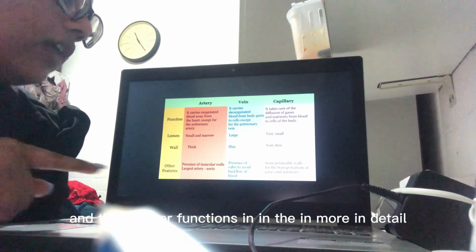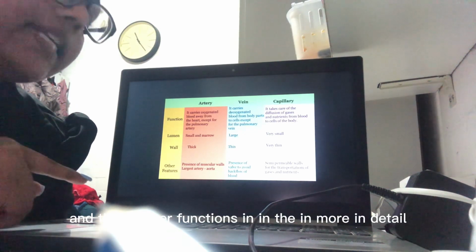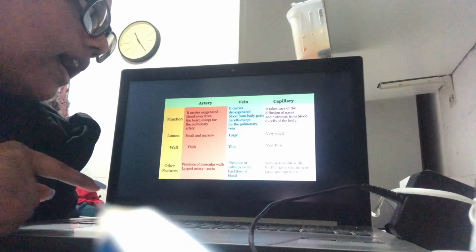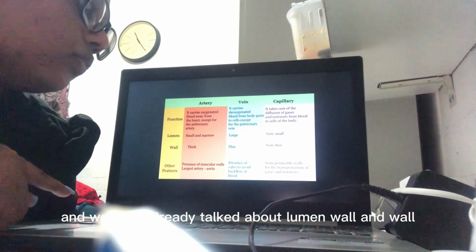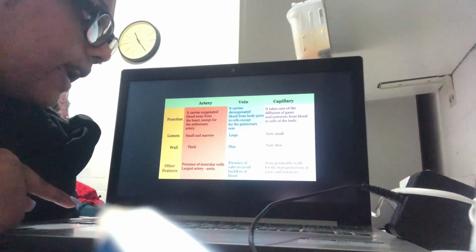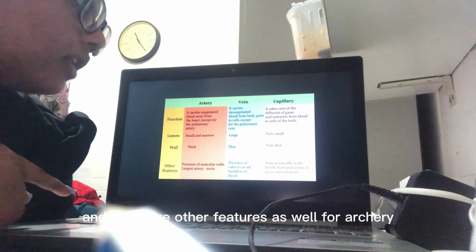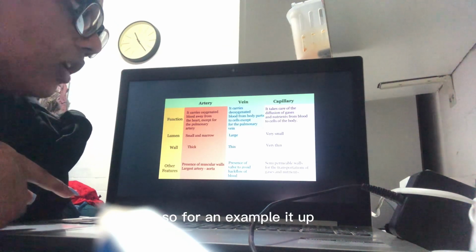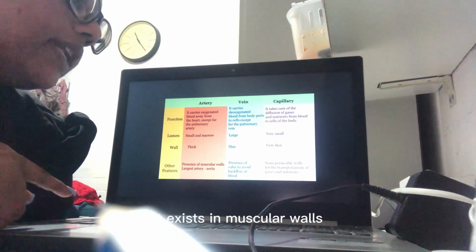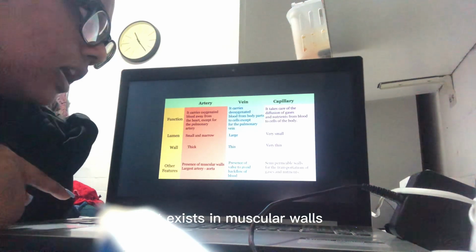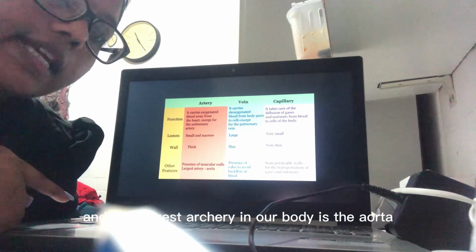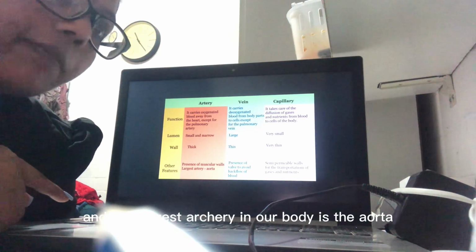These are the functions in more detail, and we have already talked about lumen and wall. There are other features as well for arteries. For example, they have muscular walls, and the largest artery in our body is the aorta.